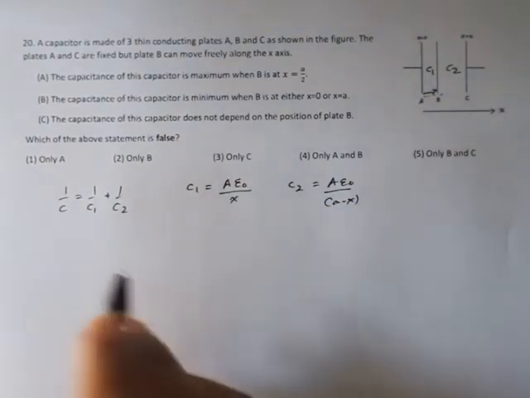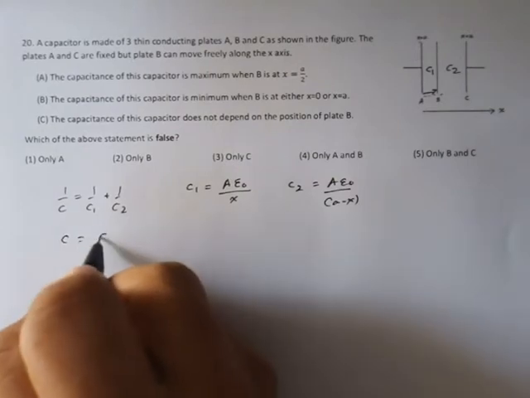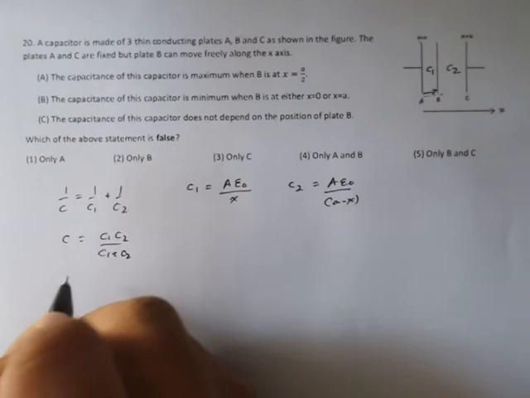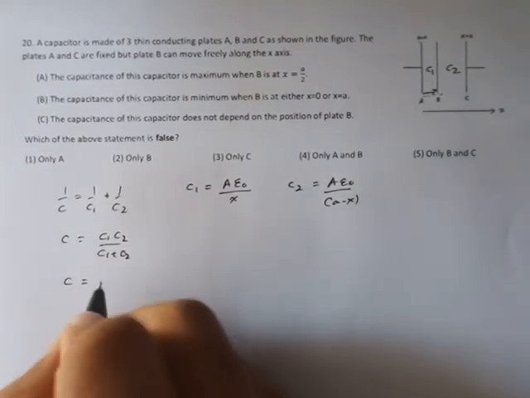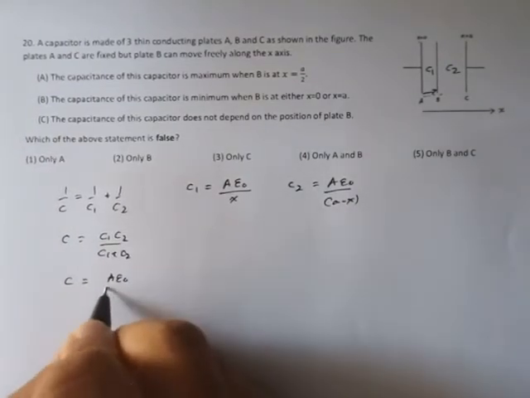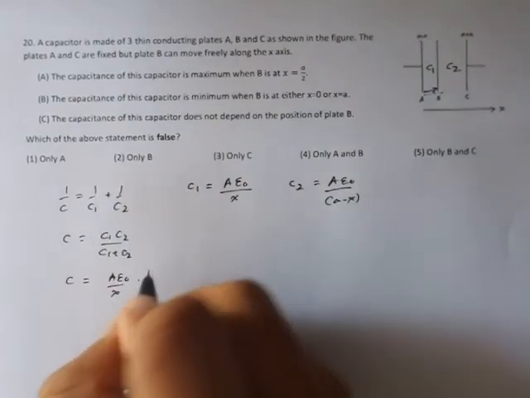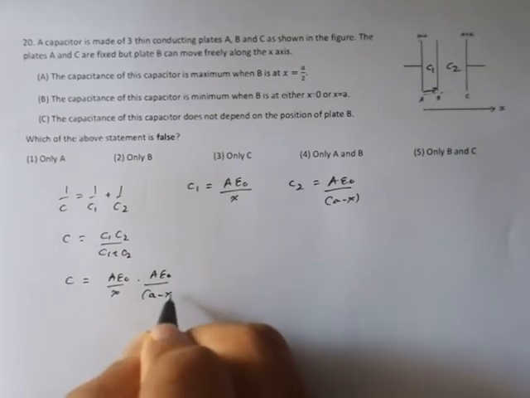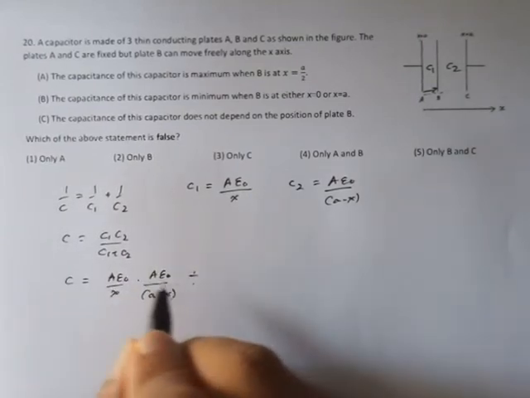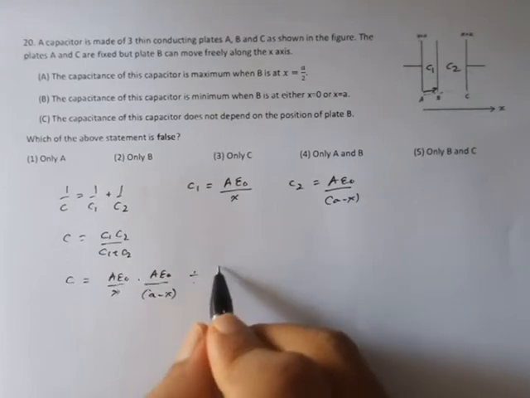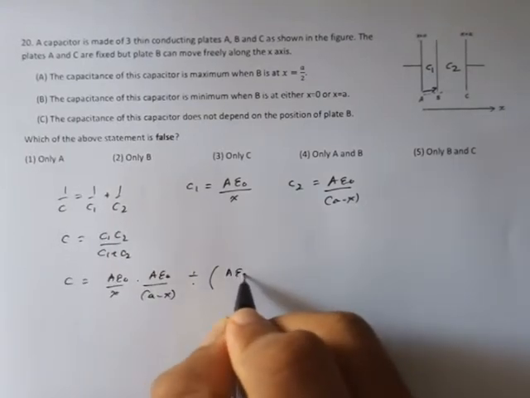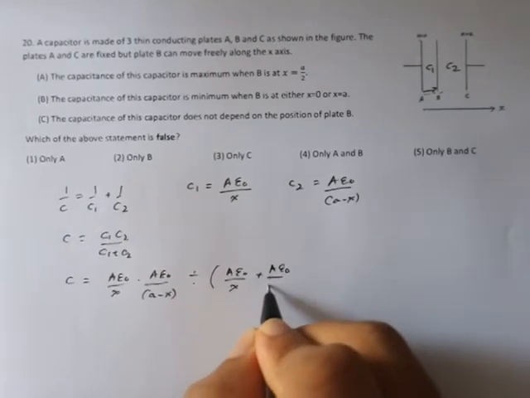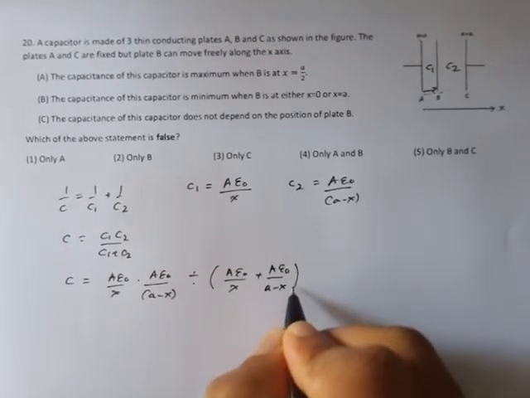So from this I can write C is equal to C1 times C2 over C1 plus C2, and substitute these values. C1 is A epsilon naught over x times A epsilon naught over a minus x, divided by C1 plus C2, so A epsilon naught over x plus A epsilon naught over a minus x.